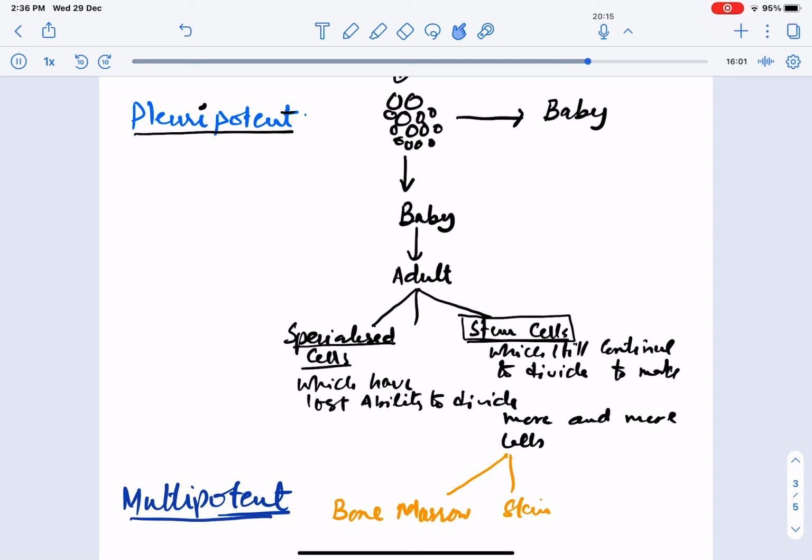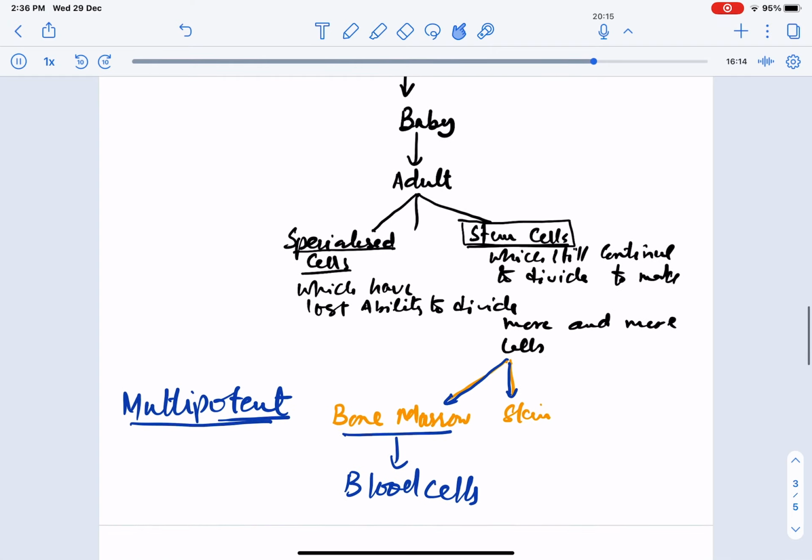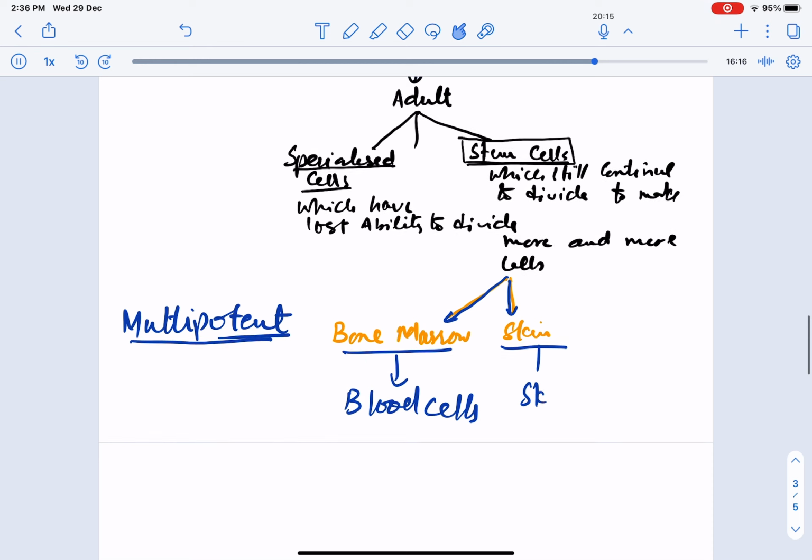So multipotent have limited potency and they can produce only fewer types of blood cells. And skin cells are produced by the division of the cells in the Malpighian layer.